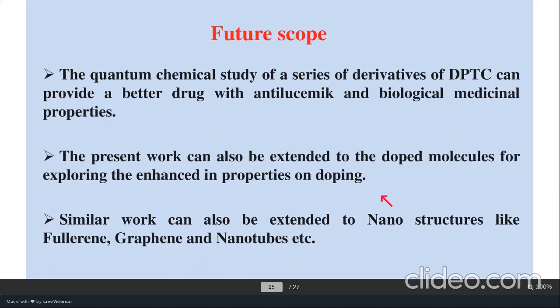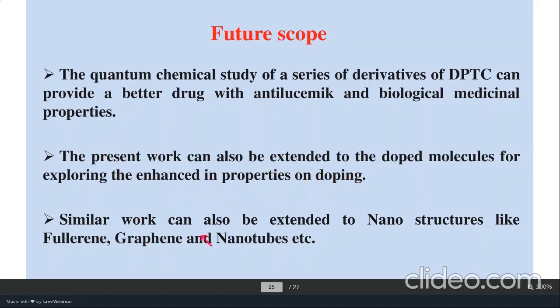Now the future scope of our work. Our work, a quantum chemical study of a series of derivatives of DPTC, can provide a better drug with anti-leukemic and biological molecular properties. The present work can also be extended to doped molecules for exploring enhanced properties on doping.